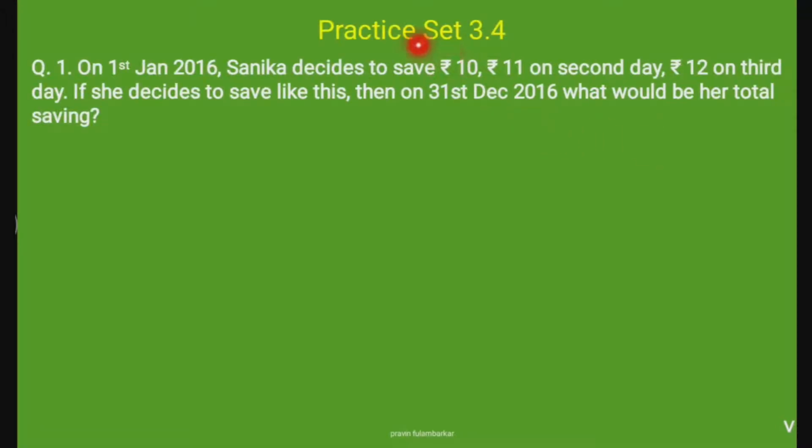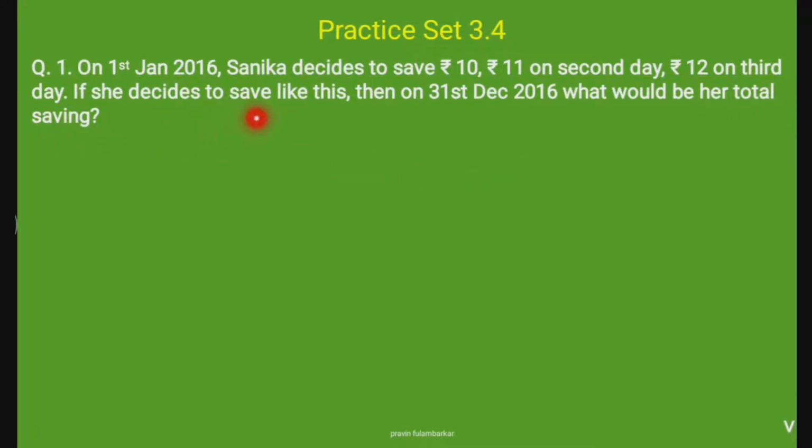Now see practice set 3.4, question 1. On 1st January 2016, Sanika decided to save rupees 10, rupees 11 on the second day, rupees 12 on the third day.